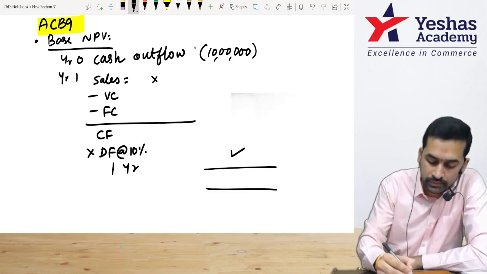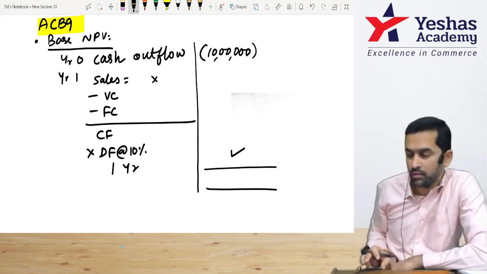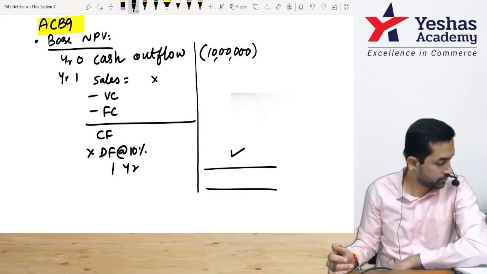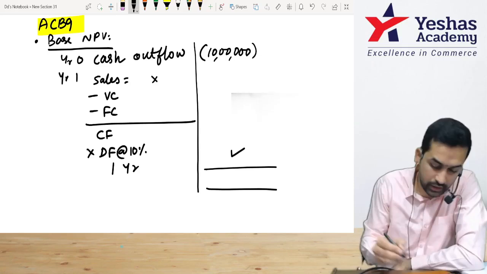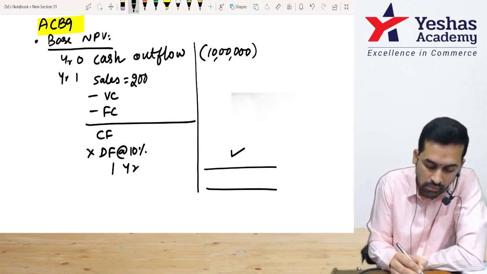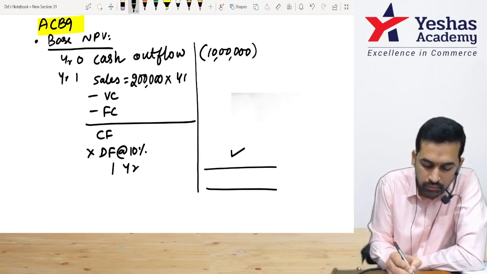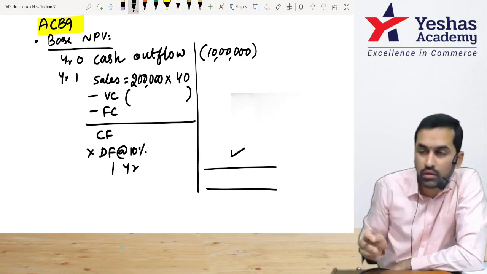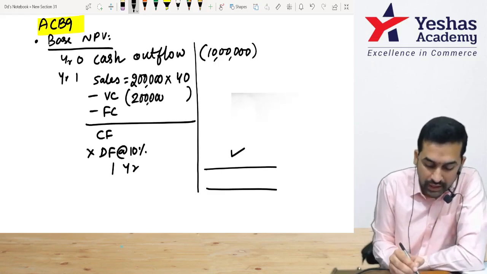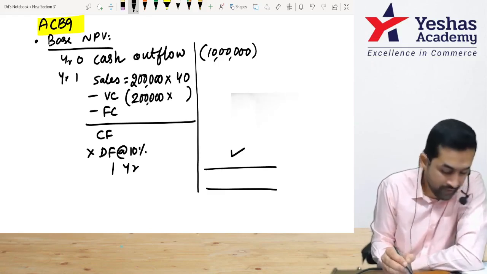Year 1, sales is equal to 2 lakh into 40. Variable cost is 2 lakh units into 15.